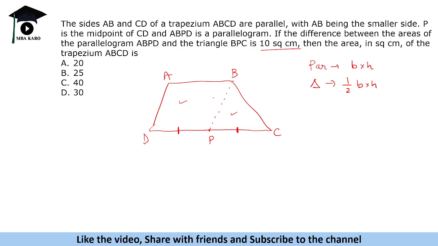Their perpendicular distance is same, so height is same and their base is also same. So area of triangle will be half of the area of parallelogram. Let us say its area is A, then the parallelogram's area will be 2A. The difference is given as 10, so 2A minus A is 10. So triangle's area is 10, parallelogram's area is 20. Area of trapezium will be 30. A very simple question.